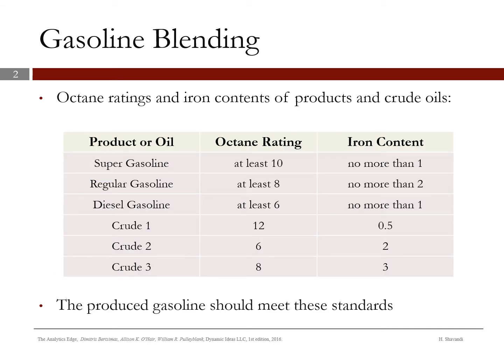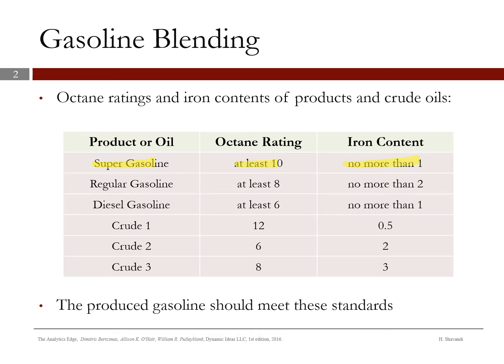In this table, we have the characteristics of the products and also the crude oils. So the produced gasoline should meet these standards. For example, the super gasoline should have at least 10 rating on the octane rating, and the iron content should be no more than 1.